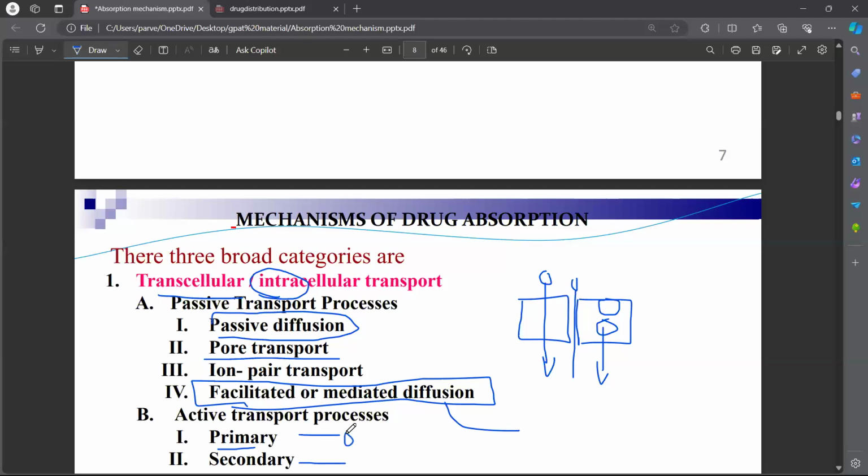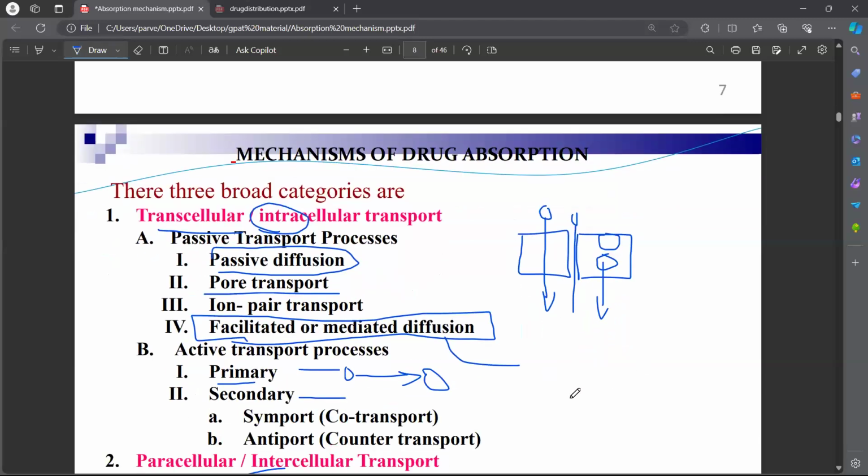Okay, Vivek, great. So basically, in primary, only one molecule is transported at a time, and the energy required is also for the same. While coming to secondary, two molecules are transported, maybe in the same direction, maybe in the opposite direction, but the energy is utilized for the transportation of only one molecule.